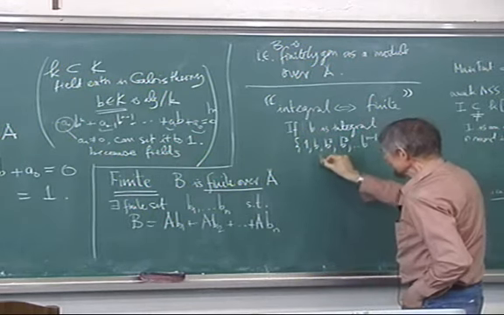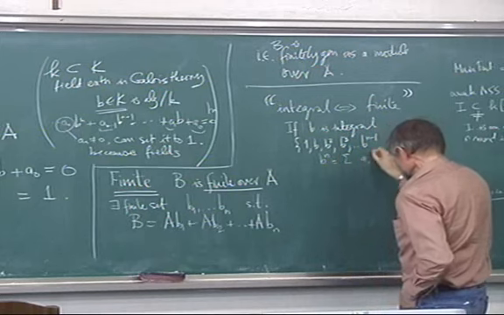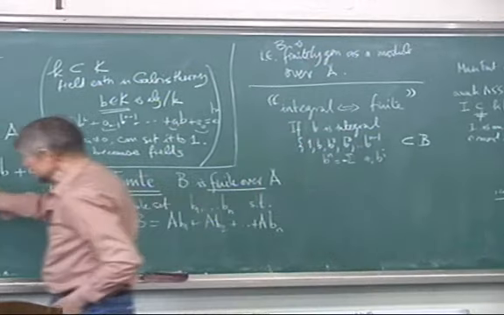And then when I write down B to the n, this is a sum of a_i B to the i.